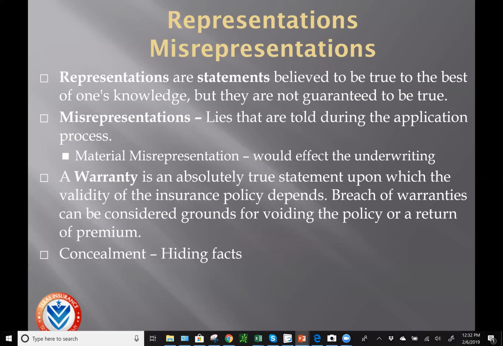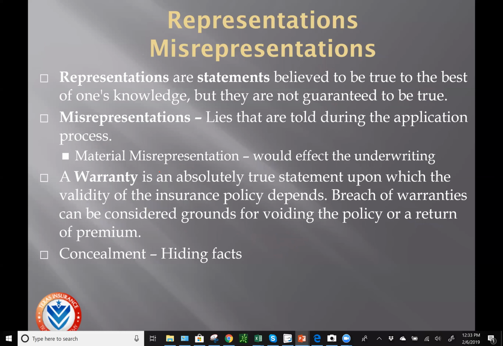All right, next, talk about representations. So let's say you're asking me a question on the application. The answer I give you is a representation. It is a statement that is believed to be true, but it is not guaranteed to be true. Because what if I have a few health problems and I lie to you? Because applicants will lie to you.